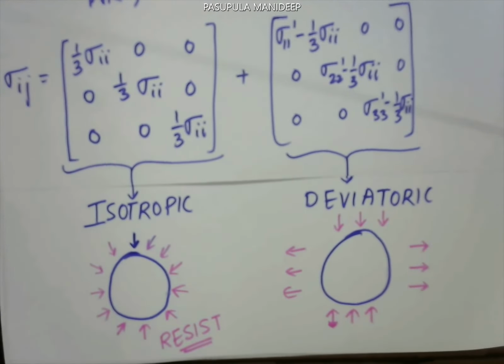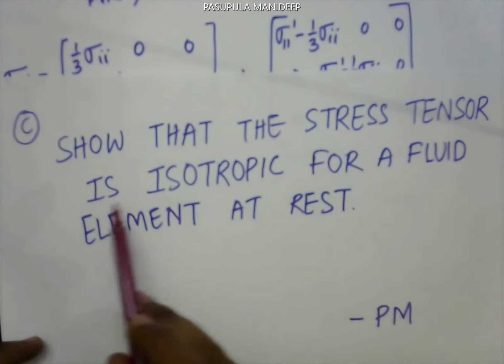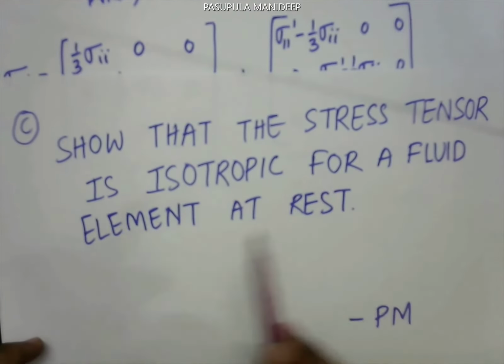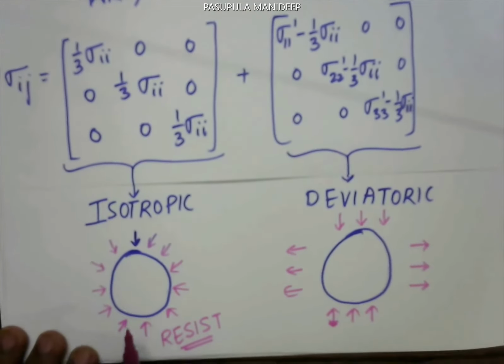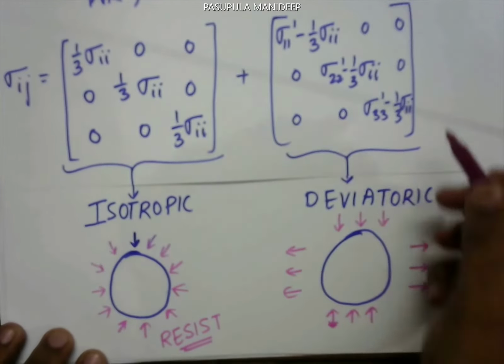Our problem statement was to show that the stress tensor is isotropic for a fluid element at rest. So if we consider that a fluid element is at rest, then it has to have the deviatoric component as zero.